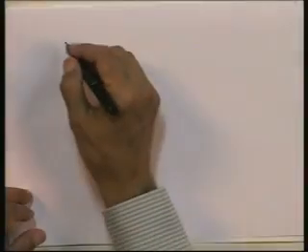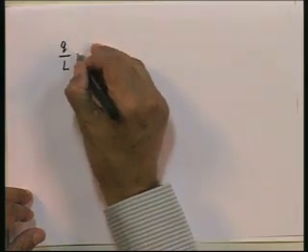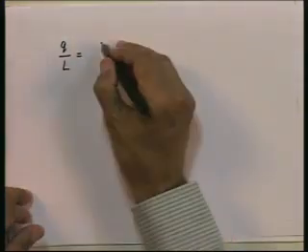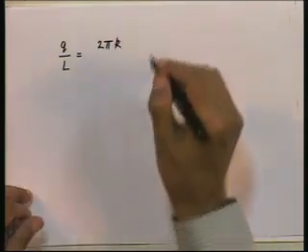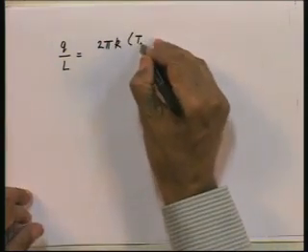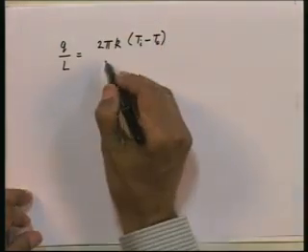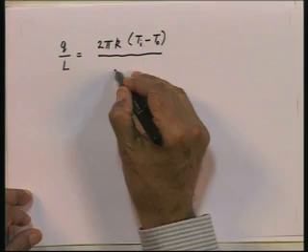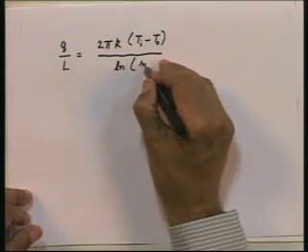What was our expression? The expression we had was Q by L is equal to 2 pi k into (T_I minus T_O), divided by the log to the base e of r_O by r_I.